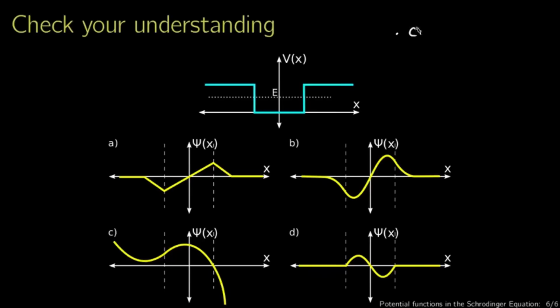Is the curvature right? Are the boundary conditions right? In particular, does the wave function behave as you would expect as it passes from the interior region to the exterior region?